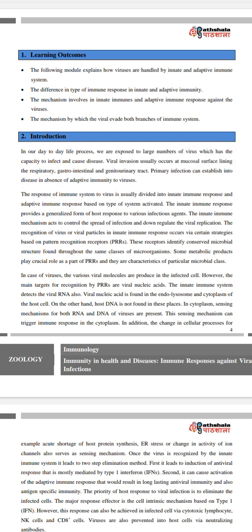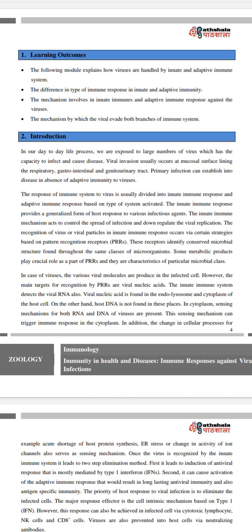In our day-to-day life, we are exposed to large numbers of viruses which have the capacity to infect and cause cancer. Viral invasion usually occurs at mucosal surface linings, the respiratory, gastrointestinal, and genitourinary tract. Primary infection can establish into disease in the absence of adaptive immunity to viruses.